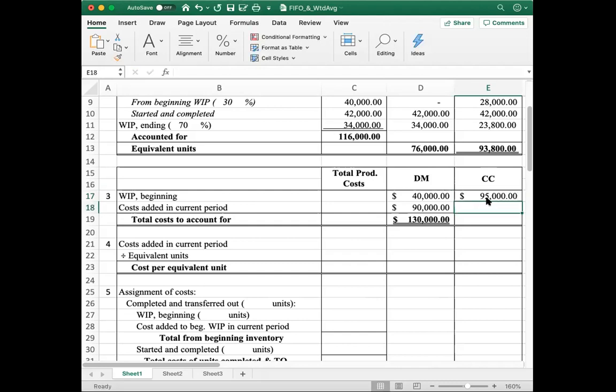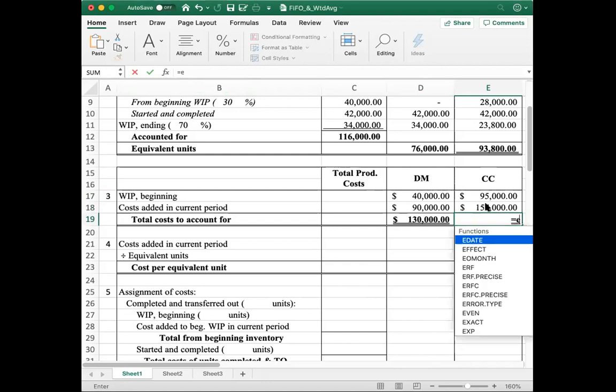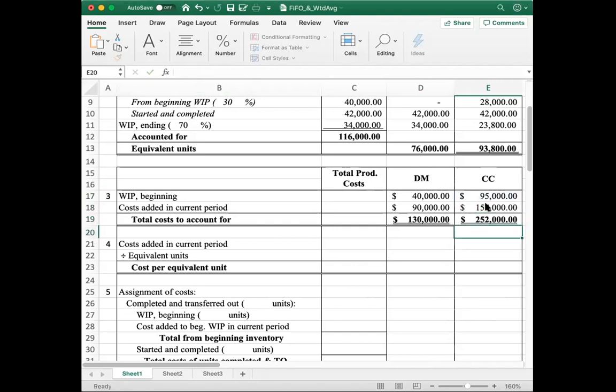And then the question says you added 157,000 during the period. Now we add together E17 and E18, and that gives you 252,000.